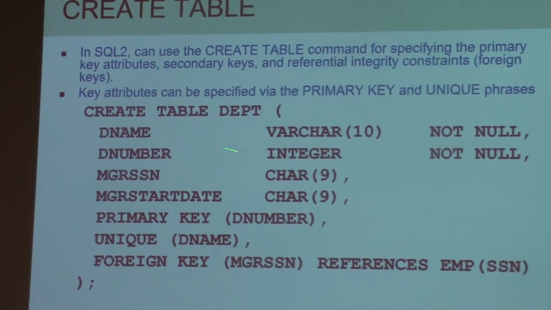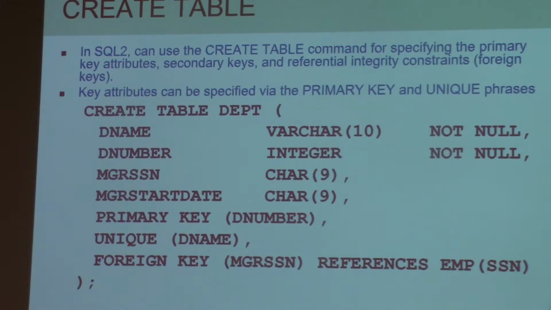Then we have the key, primary key. So D number is in this case the primary key. D name is unique. What's the difference between primary key and unique? How many unique can you have? More than one. So zero, you don't have a unique, but one, two, it doesn't matter, depending on your design.